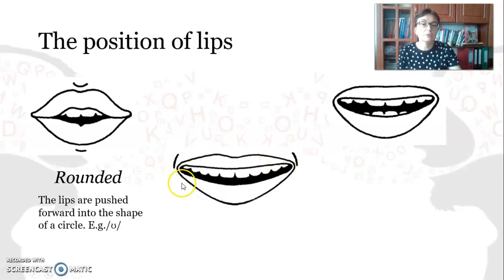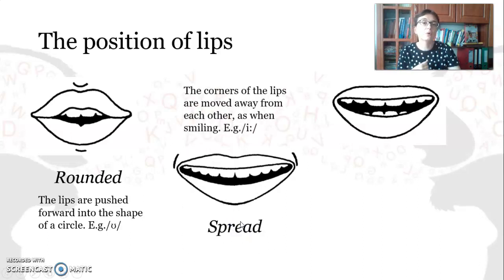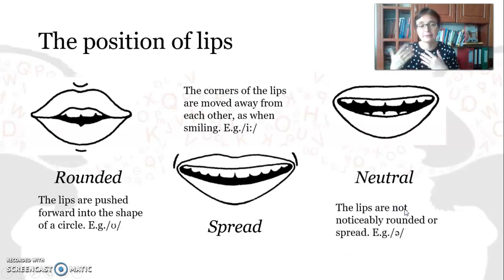Here we notice that the lips are spread, and that means that the corners of the lips are moved away from each other as when smiling. And finally, here we have a more neutral position of the lips, meaning that the lips are not noticeably rounded or spread.